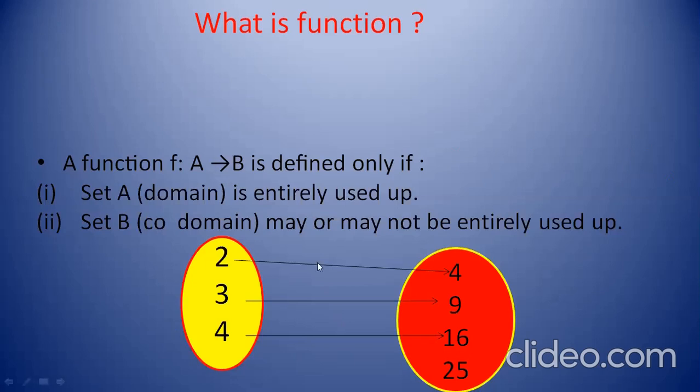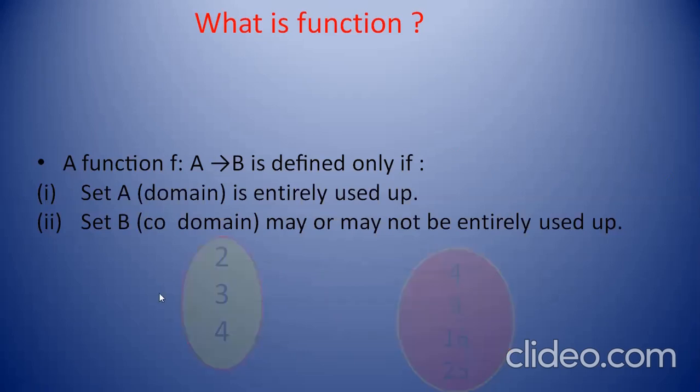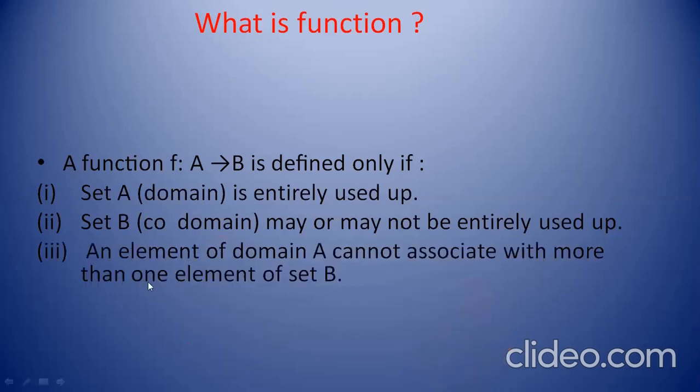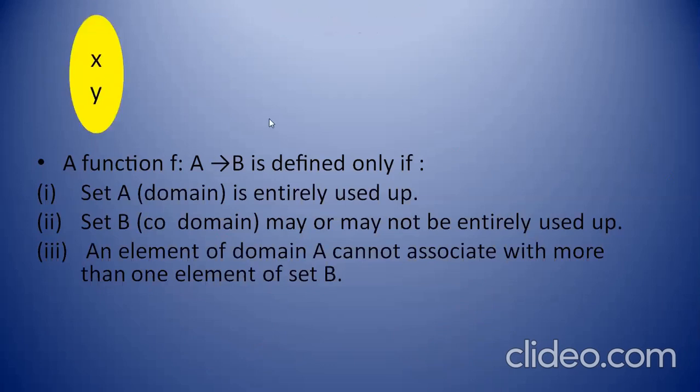Look at the third point. An element of domain A cannot associate with more than one element of set B. Look at this example. Set A contains x and y, these two elements. Set B contains a, b and c, these three elements. x is related with a and x is also related with b.